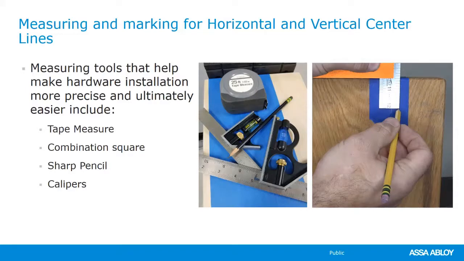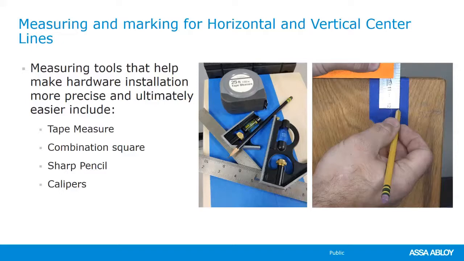And so there's some things that we just need to make sure. We've got to measure really well. So what I'll do is measure my backset, or my vertical center line. Backset and vertical center line for installation are essentially the same thing. And I'll mark that to the top of the door at the center.